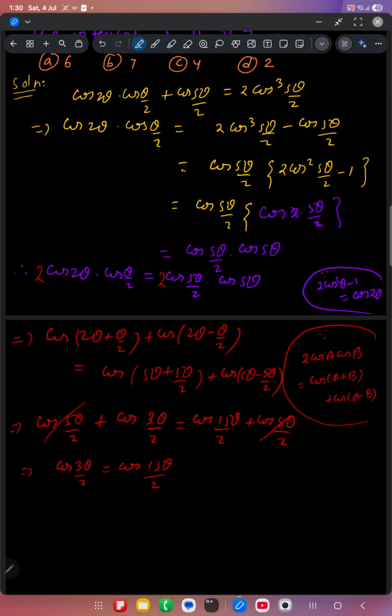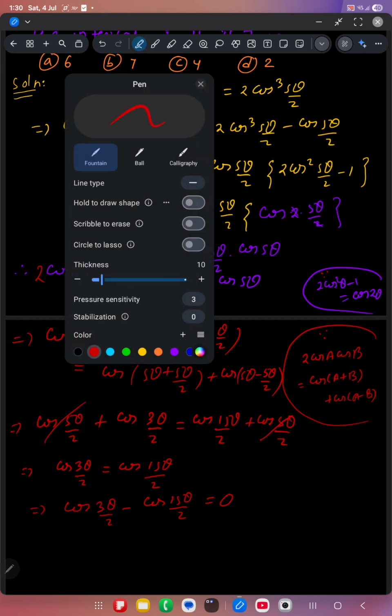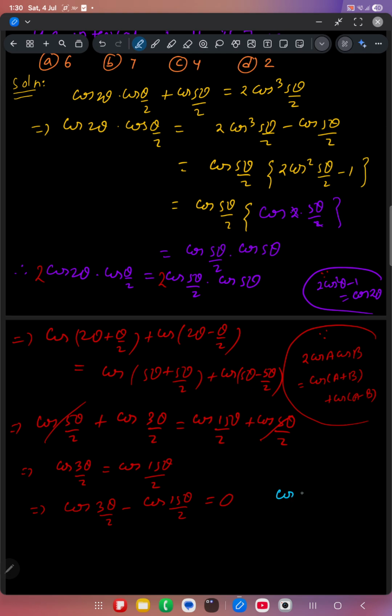Now we will bring all the terms together: cos 3θ/2 minus cos 15θ/2 equal to 0. Now one more formula you know. That formula I will write with another color. cos C minus cos D is equal to, sorry, 2 sin of (C plus D)/2 into sin of (D minus C)/2.